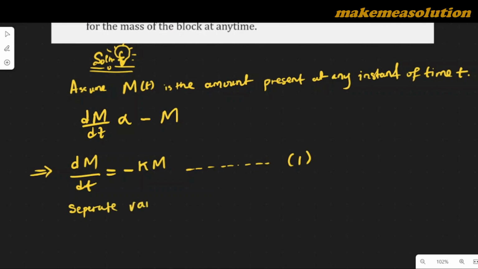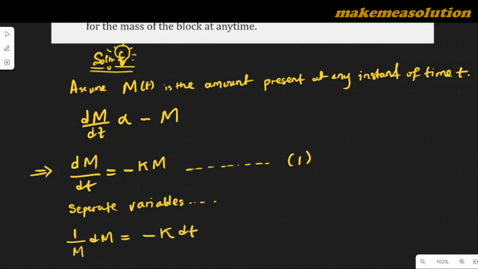When we separate the variables, it's usually good to leave the minus sign on the right hand side. So 1 over m dm is equal to minus k dt.